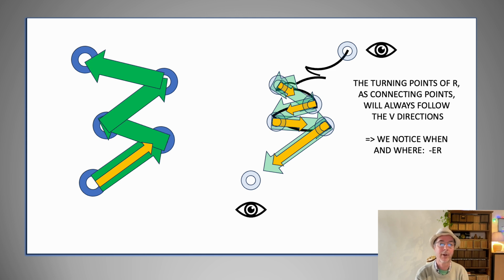So the turning points follow the V directions, and we notice them where they are with ER at the end. So basically, is it difficult to use a certain amount of unknown elements? Actually it is not very much. We simply adapt quickly to what we have, to what we see in the situation.